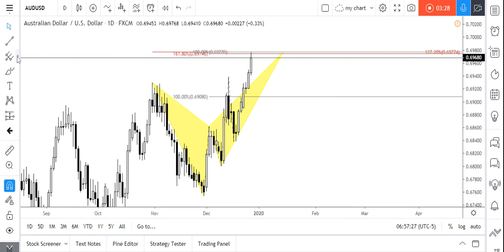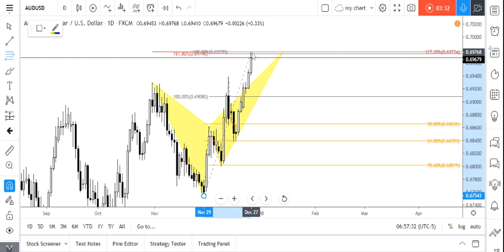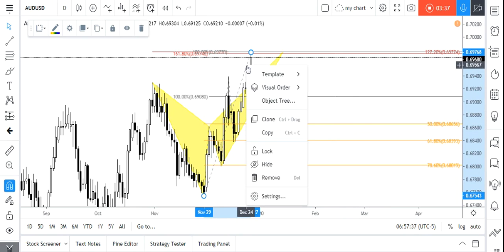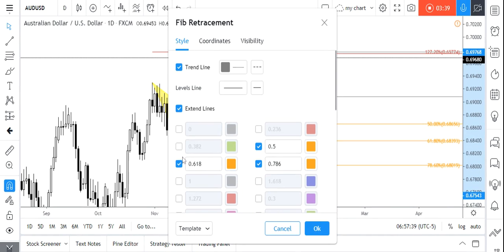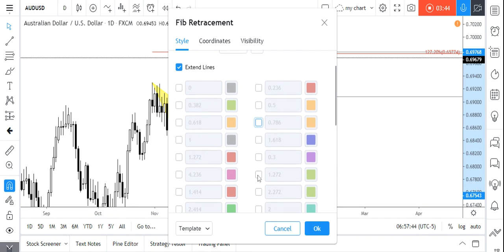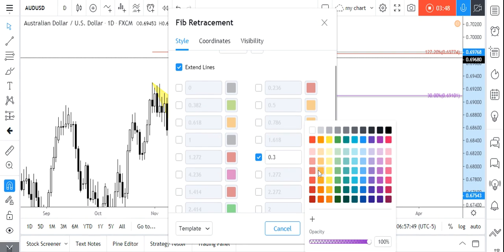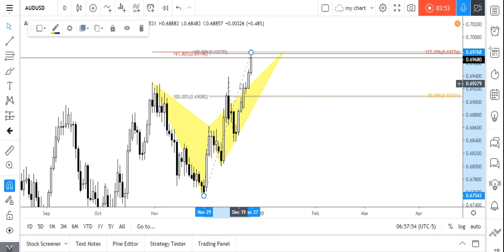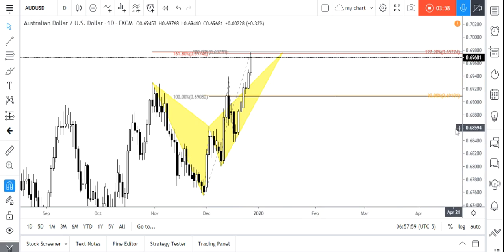So let me plot this Fibonacci to measure this 30% retracement level from this point to today's top. I'll right click on this, and I'll just remove other labels because we do not need them now. I'll just show you the 30% target. Alright, so our target will be the 69.10 area plus added spread, so it can be 69.11 or 69.12.